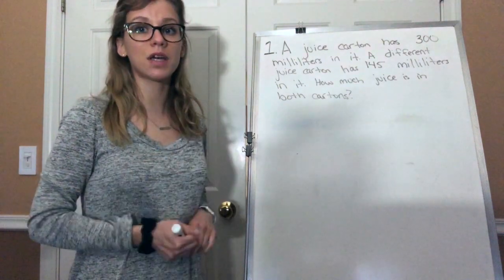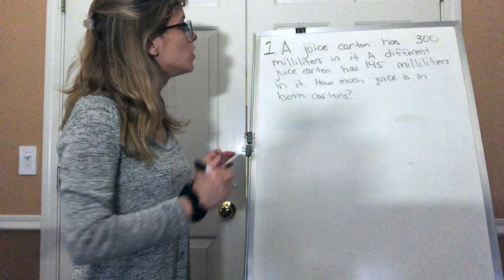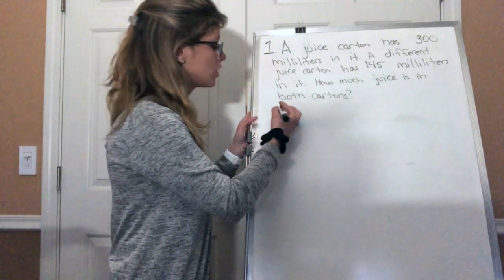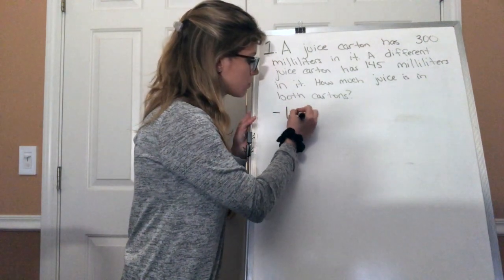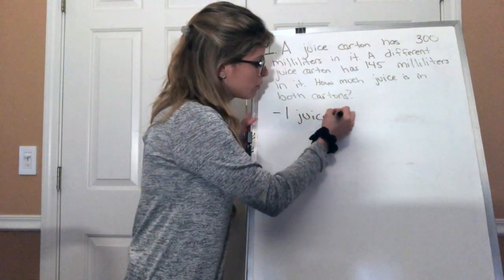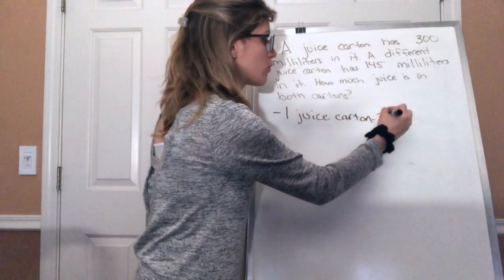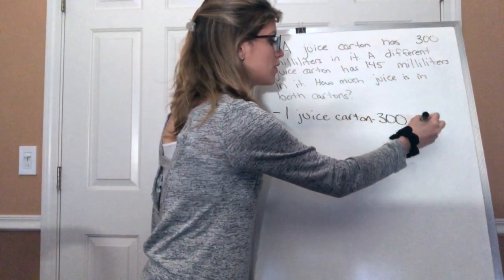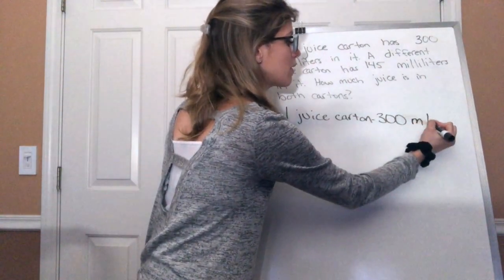I'm going to first take notes of this problem and figure out what my rules are. So it says a juice carton has 300 milliliters in it. So 1 juice carton is 300, and I remember that milliliters can just be abbreviated to ML.